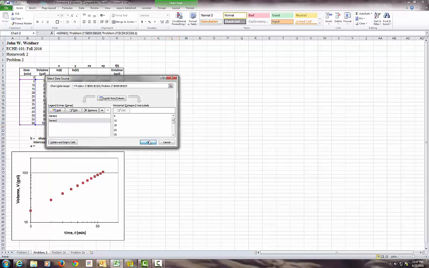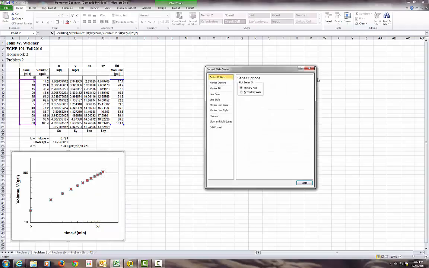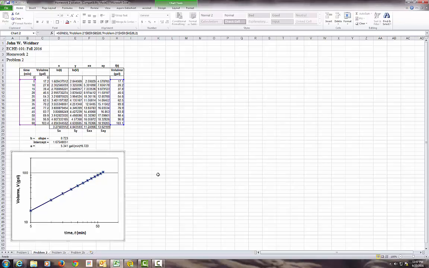And OK, and OK. Now they're both on top of each other. You can't really see the difference, so I need to change that to a line. So I'm going to format. I'm going to make the marker options none, and the line color solid. And now I see I have a line representing the function and symbols representing the data. And that's finished.